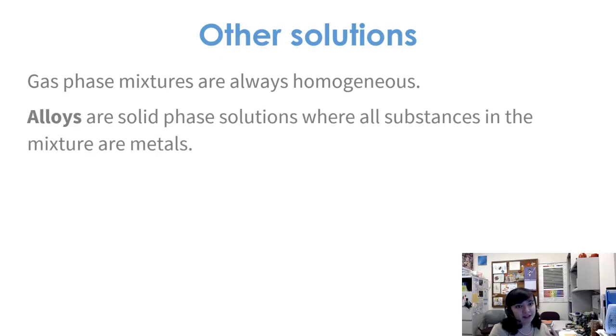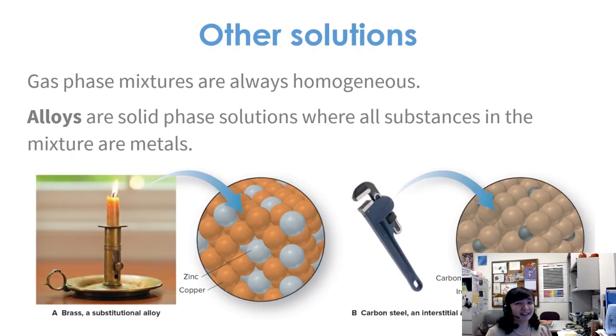You can also have solid state solutions. For instance, alloys are like metal solutions in a way. As you learned about with metallic bonds in the last chapter, metals don't actually have chemical bonds holding the atoms together. It's more just a sea of electrons that are bonding them. And so because of that, if you have, say, some copper and some zinc in a mixture together, it is in fact a mixture.